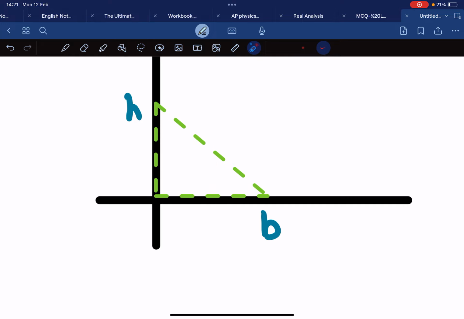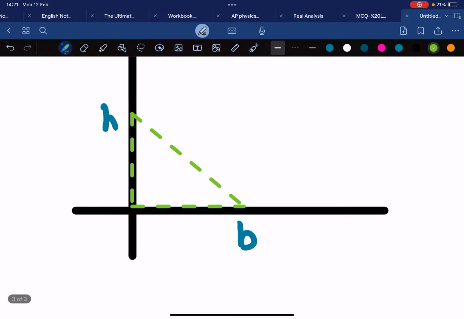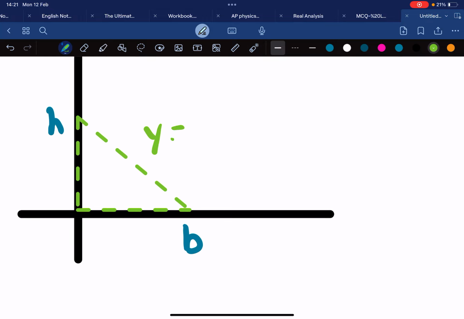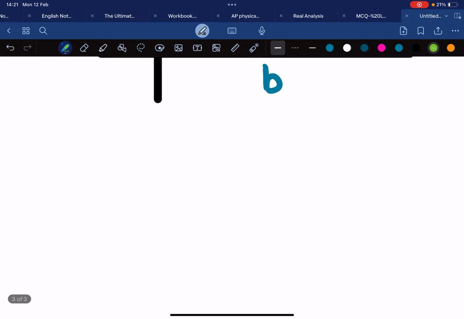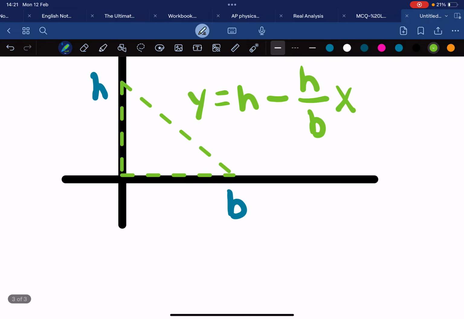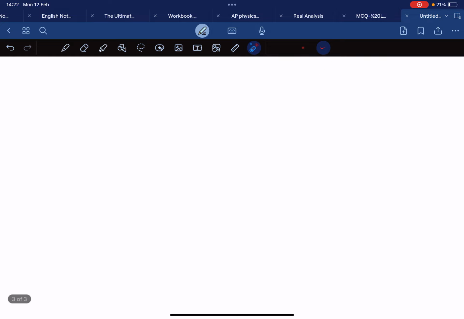The line right here is going to be equal to y = h minus h over b x, since this is just point slope form. So y goes from 0 up until h minus h over b x.